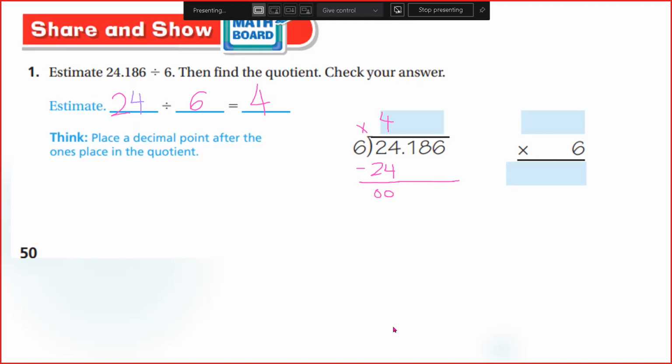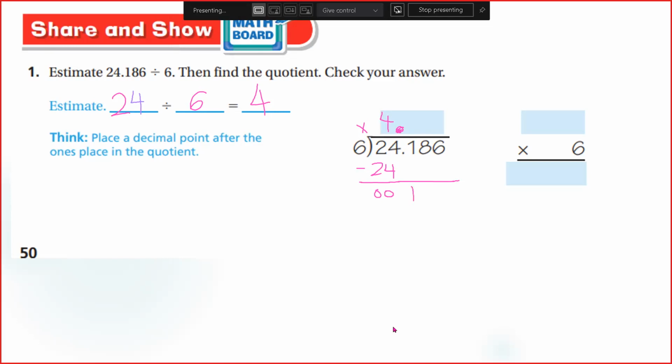First, what do you have to put? What do you have after 24? Bravo. Where should I put the decimal point? Up, thank you. Then what do you have to do next?